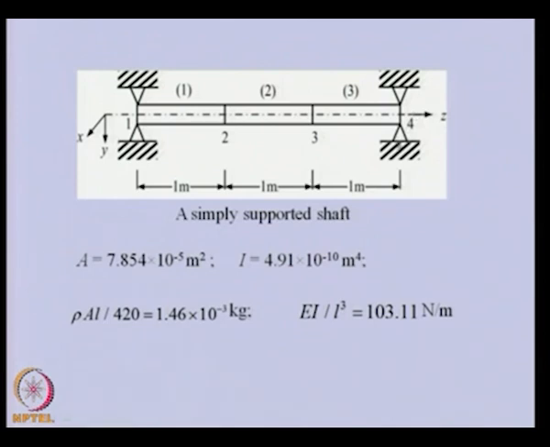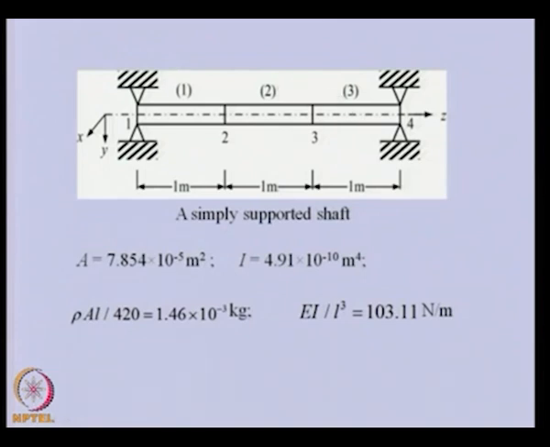For illustration purposes, I have divided this shaft into 3 elements. We could have divided it into more elements to get more accuracy, but for showing the elemental and assembled matrices, this 3 element model will be more meaningful.